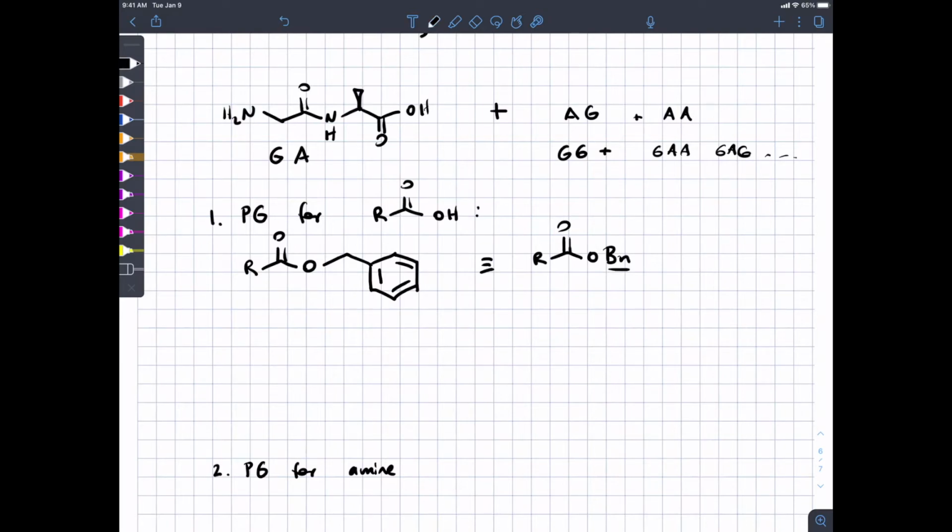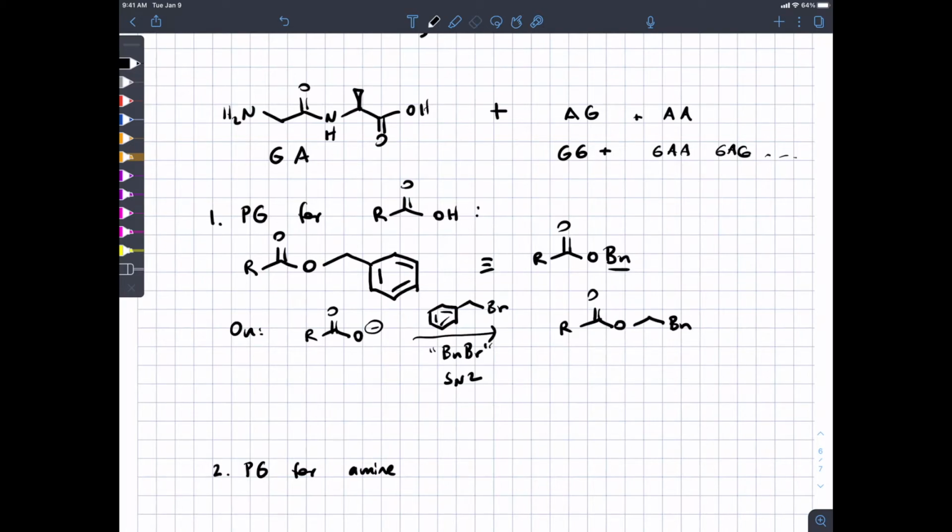The protection reaction is really easy. You take the carboxylate and you react it with benzyl bromide, which is just the alkyl halide version. We will call this BnBr for benzyl bromide, and via an SN2 reaction, you can very quickly put on that group.